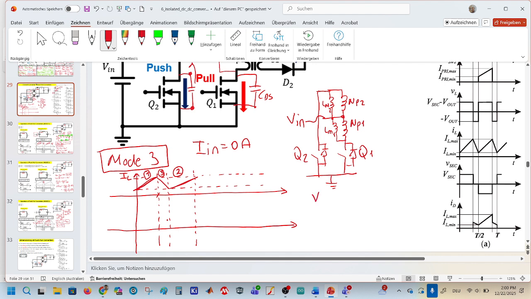And we know that the voltage across the magnetizing inductance should be equal to Lm times d flux over dt. What was dt?